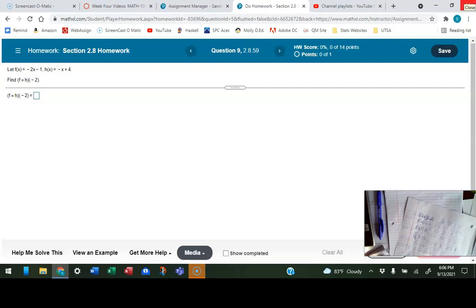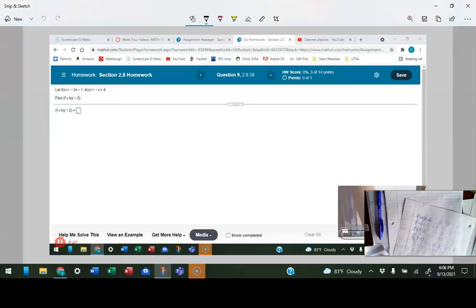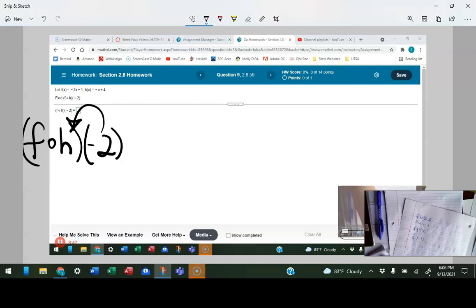Okay, so let's look at a couple more. Now I've got the composition of f and h at negative 2. Because I have a number, I'm going to hop backwards and put negative 2 inside of h.